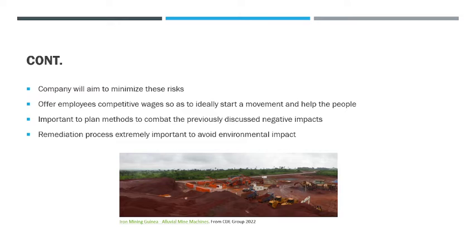And as I said, it is important to combat the negative impacts because this is pretty much the main focus point of my company. And as discussed, remediation and also appropriate planning is required to avoid environmental impact and environmental catastrophes that could potentially happen because of mudslides and as a result of deforestation.